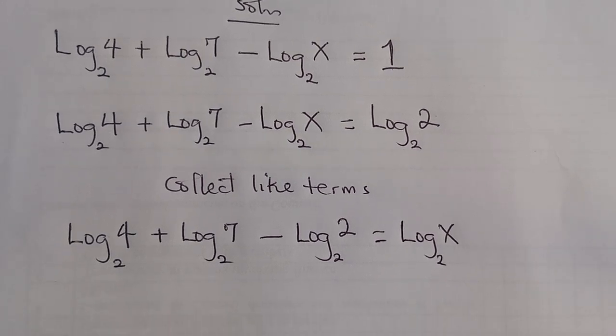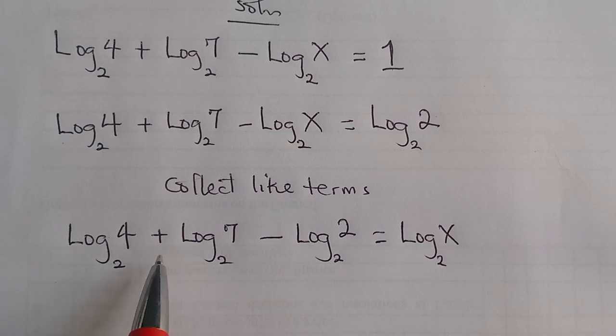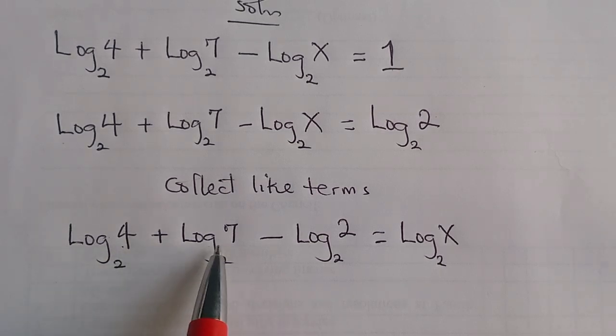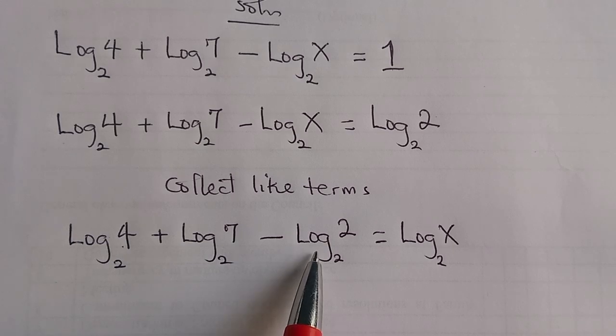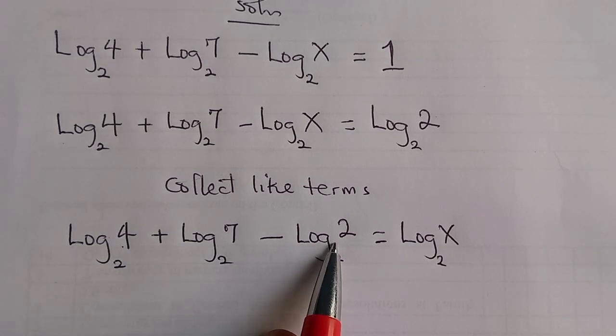So what we have here now, we are going to apply the laws of logarithm, where you have the addition law and the subtraction law. For the first one, we apply the addition law for log 4 and log 7. Then we apply the subtraction law for minus log 2.